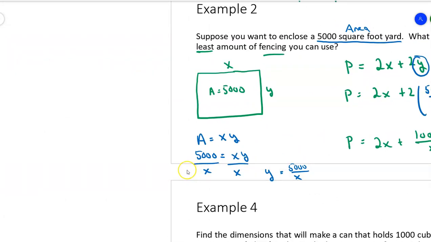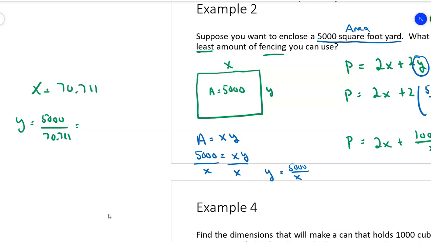I could go through and take the derivative just to verify. Well, let's try it like this. So if we say x is equal to 70.711, then what is y? Well, the blue equation tells us that y is 5,000 over x.